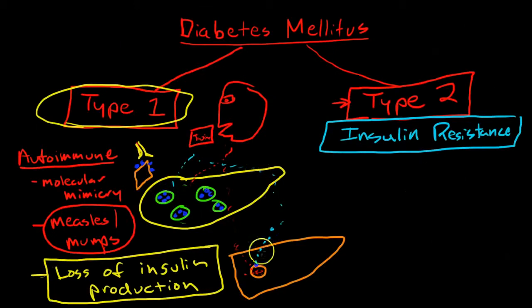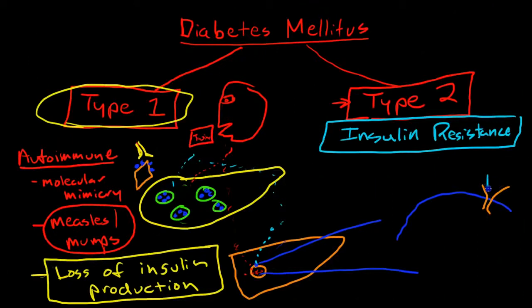The dysfunction here is actually in the cells that are receiving the message from the insulin. Now remember what happens here inside the cell. Take us down to the cell here. Remember, on the cell membrane, we've got our insulin receptor, and we've got insulin binding with it here.